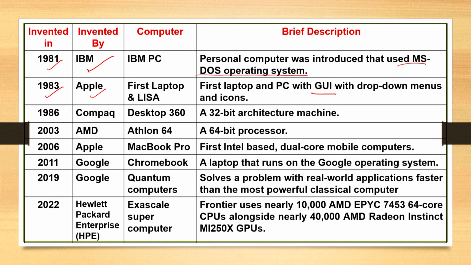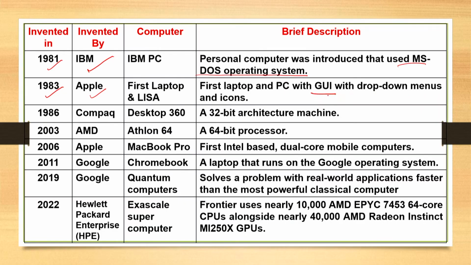These are GUI. GUI means what? Graphical user interface. Means the icons are there. You need not remember the commands to perform anything on the computers. So, GUI with drop down menus and icons was there.